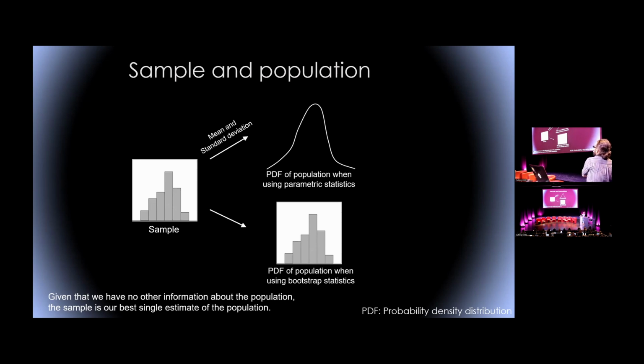And in bootstrap, what we do is assume that the probability density distribution of the population maps the one in our sample. That's the basic assumption: the best estimate we have for the probability density distribution of our data is our sample. So it can take any shape. Now let's look at an example of how to compute the bootstrap.